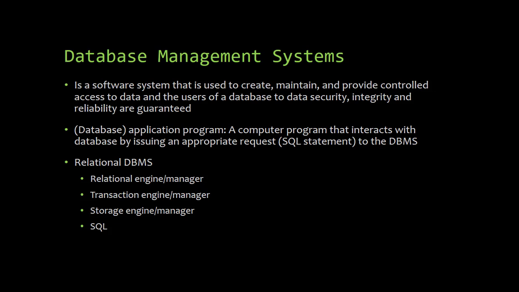But in the purest form, a database management system is just a software system that we can use to create, maintain, provide access to or deny access to our data and the users of our database, and to provide data security so that our data is not susceptible to intrusions. We want to make sure that we can ensure data integrity, that the data is exactly what it's supposed to be, and that reliability is guaranteed. We need to make sure that we can get to that.